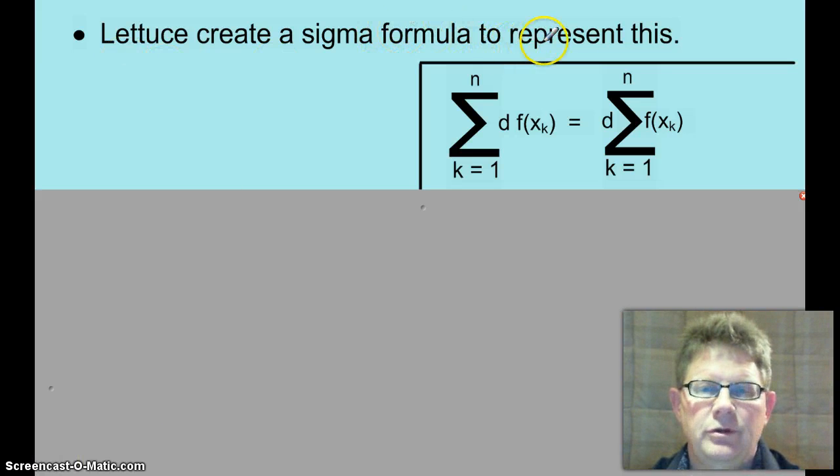Let us create a sigma formula to represent this: the summation k equals 1 to n of D, that would be the width, times f of x sub k. And remember, one of our properties of sigma is to move the constant out front. So the width times the sum of all the heights of rectangles.